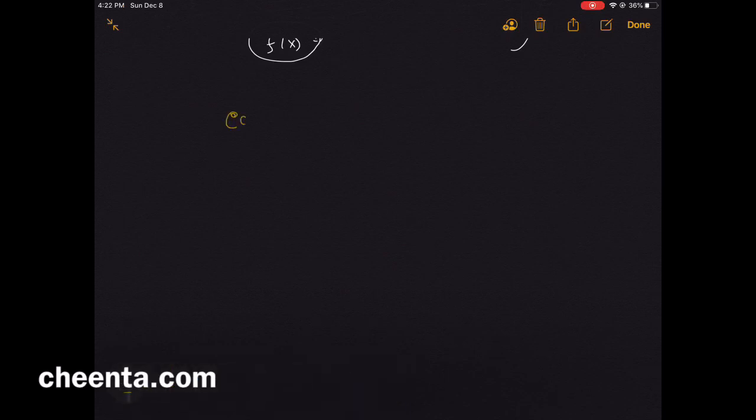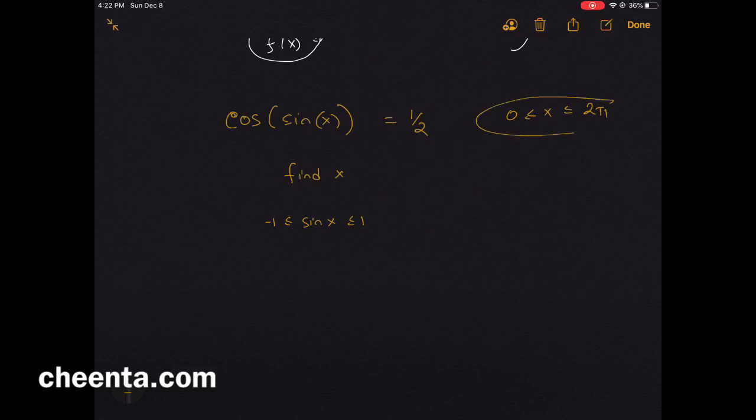So cosine of sine of x is equal to half. We are trying to find x. That's the basic question, and we are looking at the domain of 0 to 2 pi. So we notice immediately that sine of x is between -1 and 1 if x is between 0 and 2 pi.